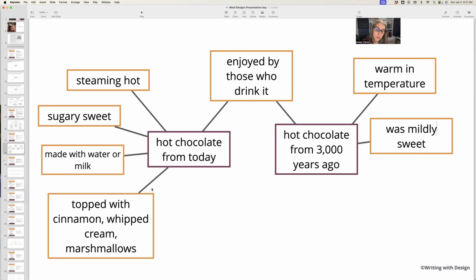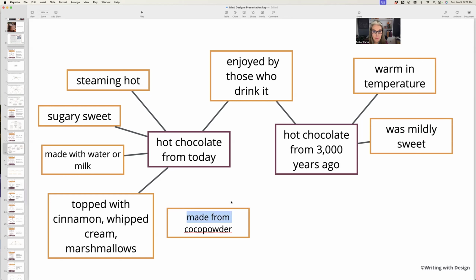I think also we could make an inference that it's made from, well, we know for today that it's made from a powdered form, right? You could even say made from cocoa powder. Oh, we could add it to this one.